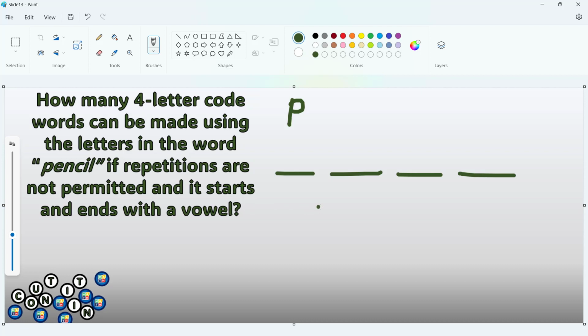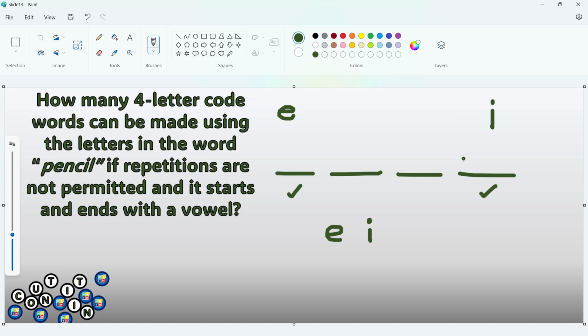That would mean that strictly for the first and the last placement, we are to place either E or I. Since there are only two vowels, if I use E here, E can no longer be used as the last vowel, so I is placed here, or vice versa.